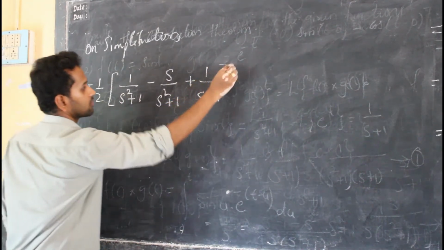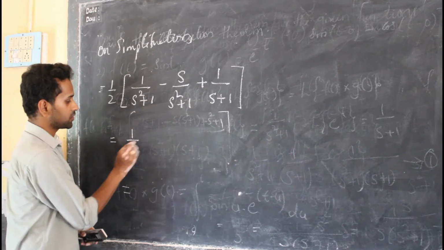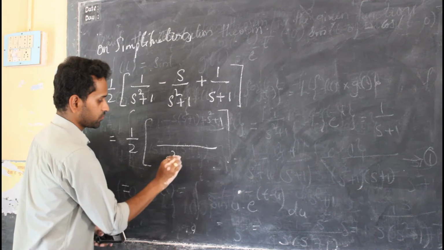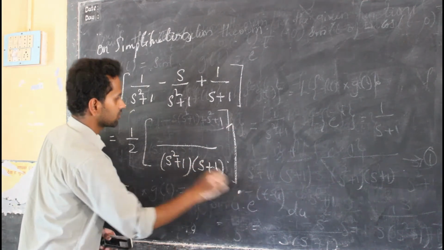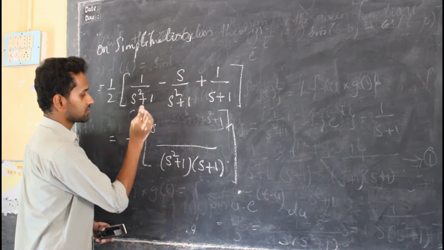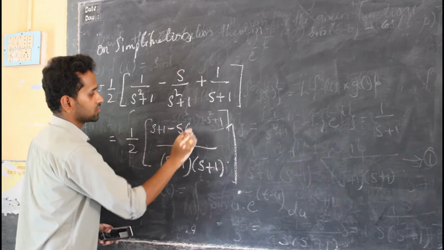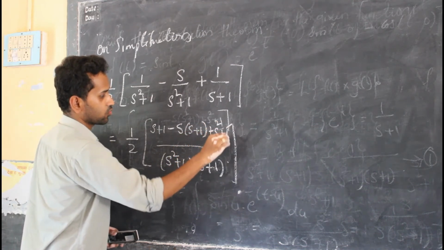So here, by finding the LCM, we will be getting 1 by 2 into... s square plus 1 into s plus 1 will be my LCM. So I will be getting s plus 1 minus s into s plus 1 plus s square plus 1.